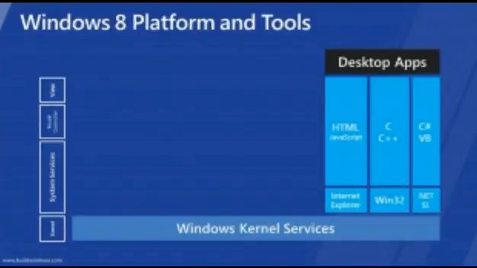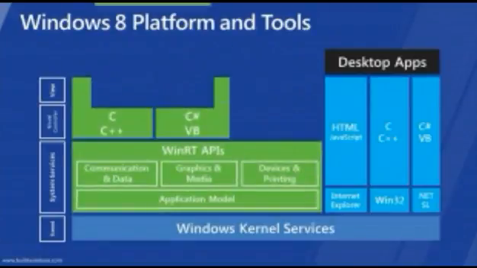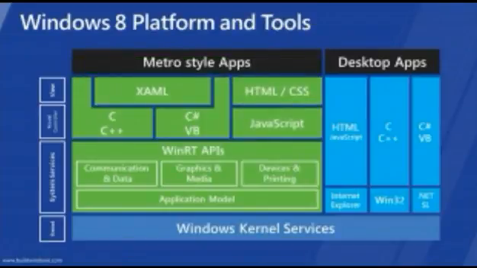So what I want to show you is the bold move we made to reimagine the Windows 8 platform. The Windows 8 platform for Metro-style applications lets you pick the language that you want to use to build your applications.